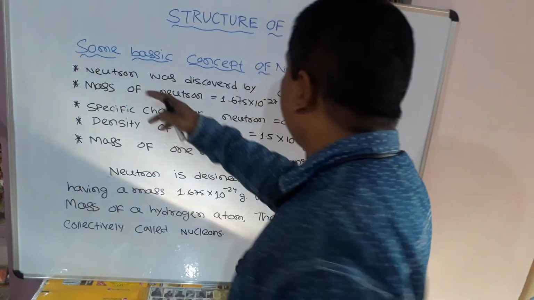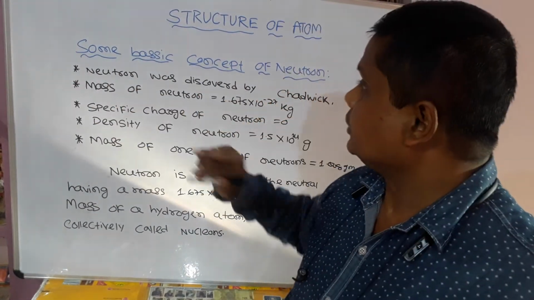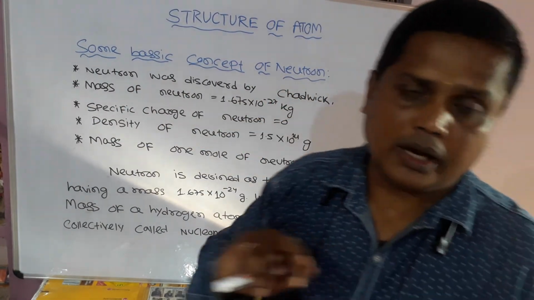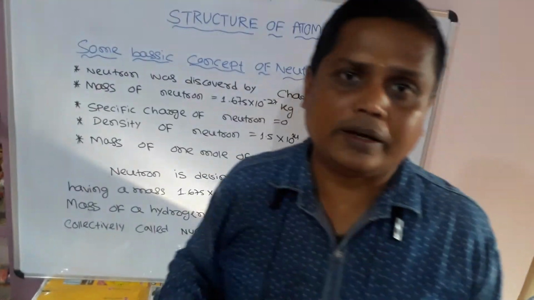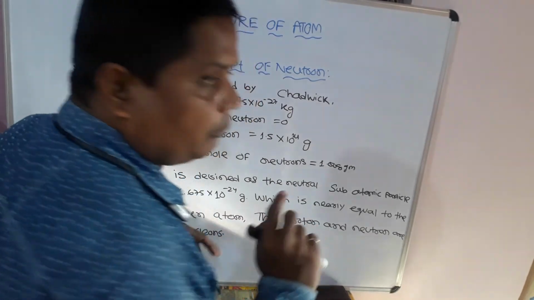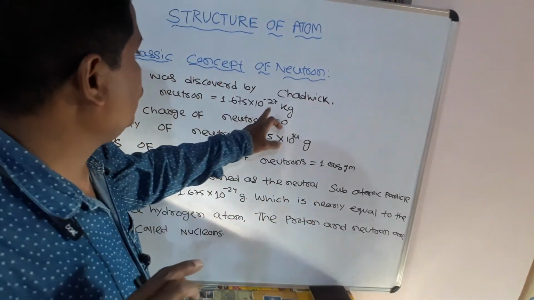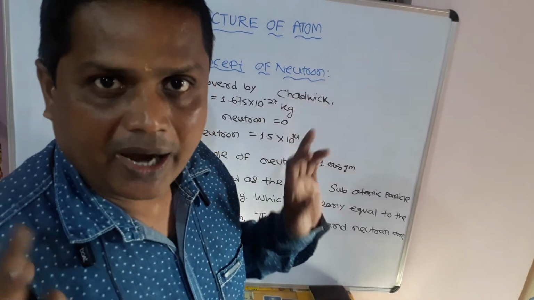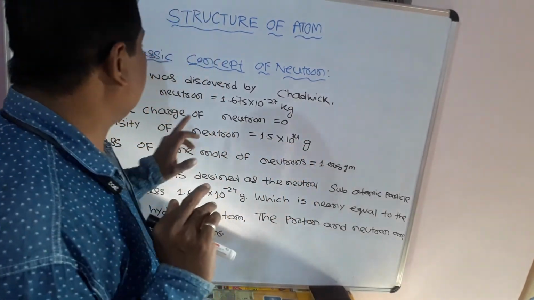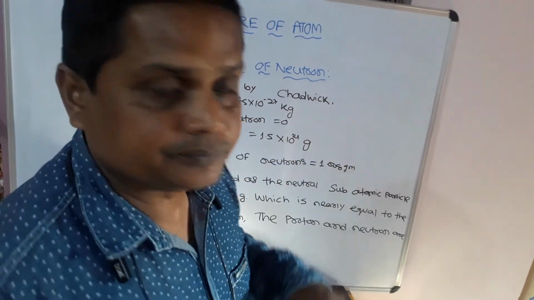Next one is some basic concepts of neutrons. The neutron was discovered by Chadwick. Mass of neutron equals 1.67 times 10 to the minus 27 kg.